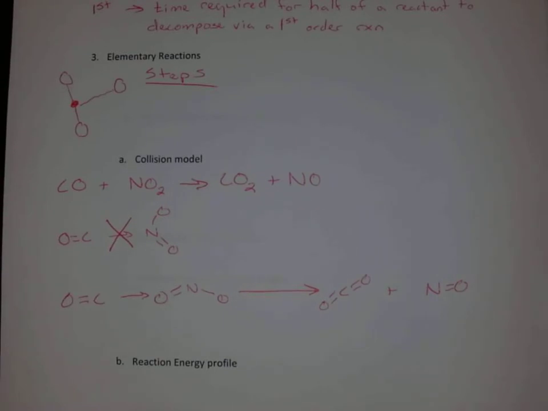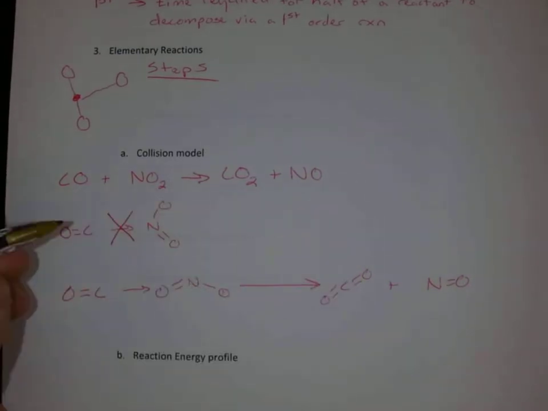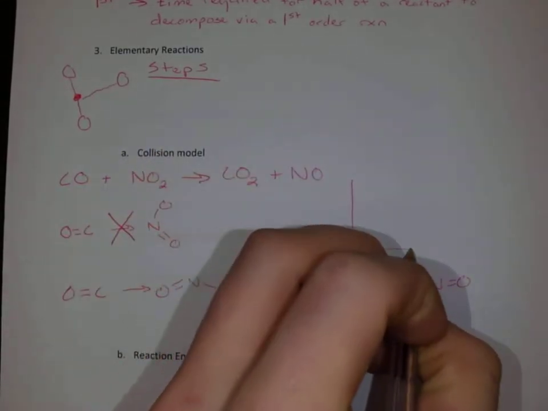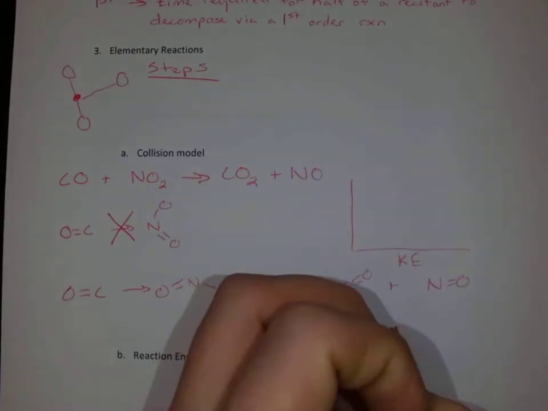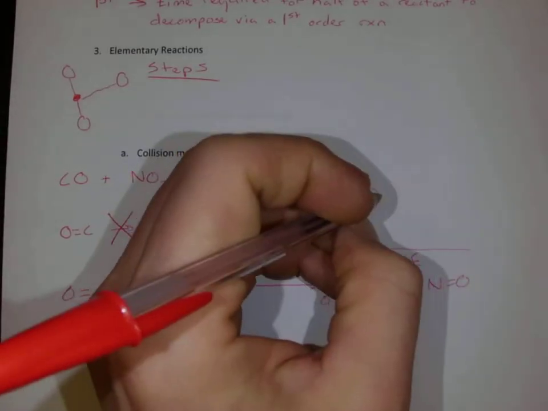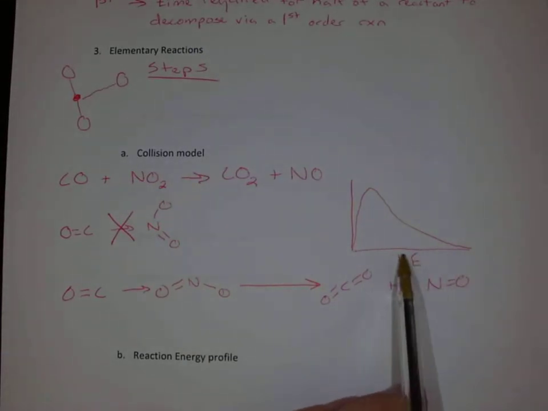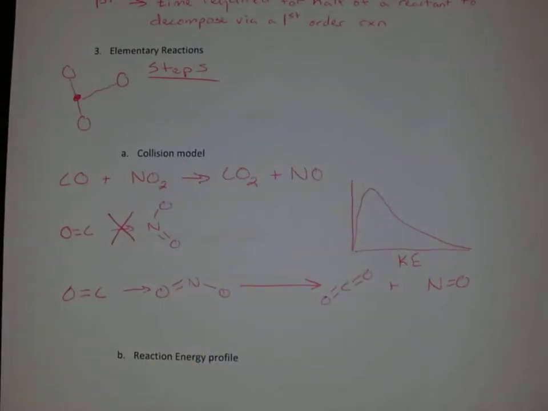So this is our collision model, where the molecules have to be oriented appropriately and they have to have enough energy, okay? If we remember about our gases, all of our molecules aren't at the exact same temperature. They don't have the exact same kinetic energy. Instead, we've got something that looks like this, where some molecules up here have more energy than lower down, but our average kinetic energy is our temperature, okay?